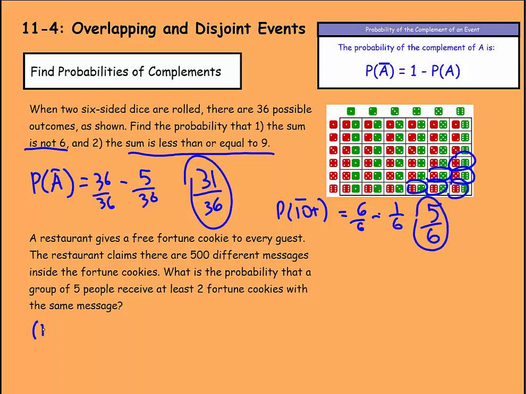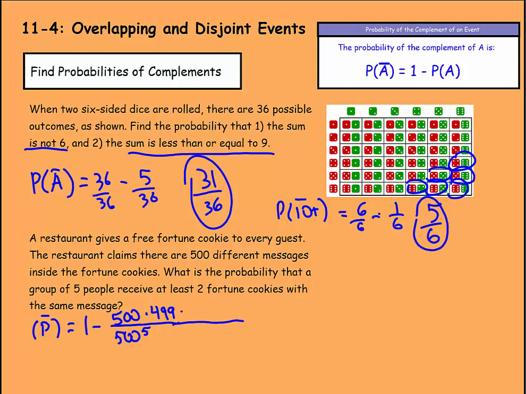So the probability of it happening, let's put the line over it to show that it's a complement, would be 1 minus the probability of it not happening. Well, the total events would be on the bottom. So there's 500 messages for each customer. So there's 500 times 500, 5 times, or 500 to the 5th. So for the first person, there's that 500 messages. For the second person, though, there's 499 different messages that are not the same as that one.